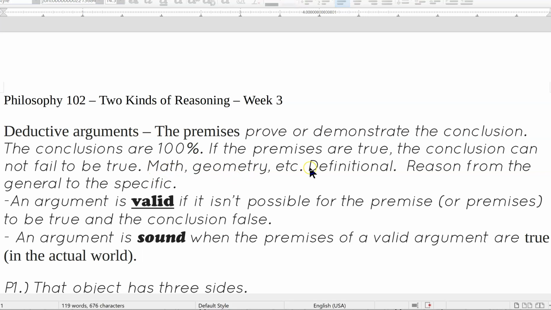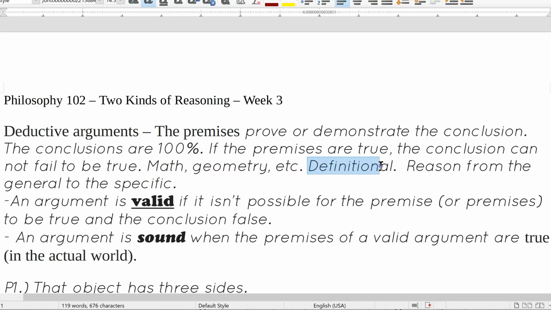They're definitional, and one student pointed this out to me. If you're struggling to keep these straight, deductive arguments are definitional. They both start with D's, right? And they reason from the general to the specific.